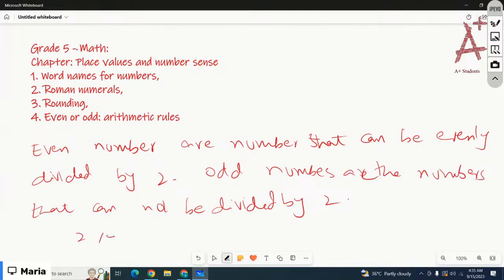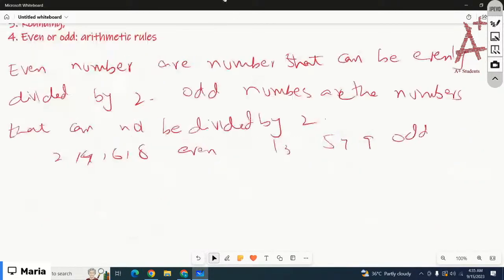Okay, so 2, 4, 6, 8, they are even, and 1, 3, 5, 7, 9, they are odd numbers, right? Now we're going to see what arithmetic rules you have to apply.